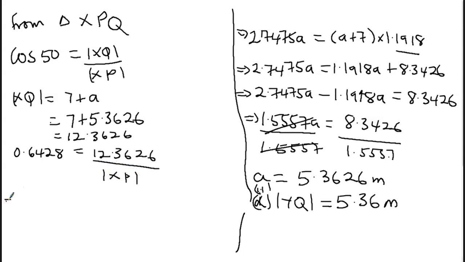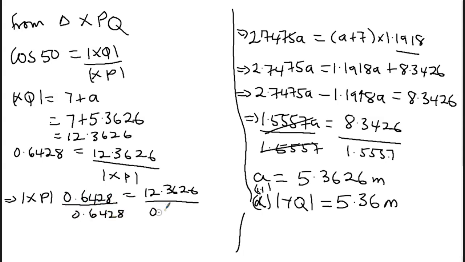To find XP, cross multiply: XP times 0.6428 is equal to 12.3626. So we divide both sides by 0.6428, and this will cancel that. You have XP being equal to 19.2324.